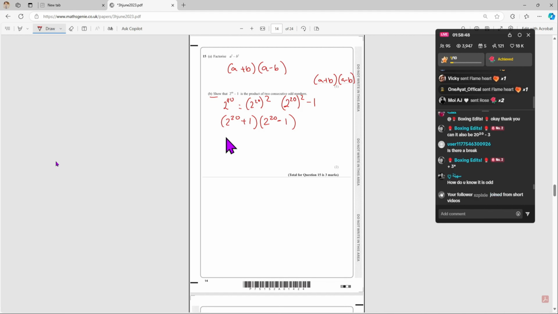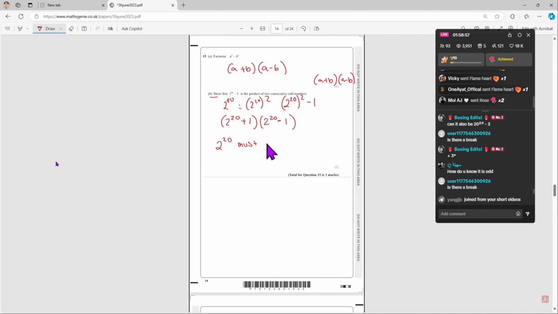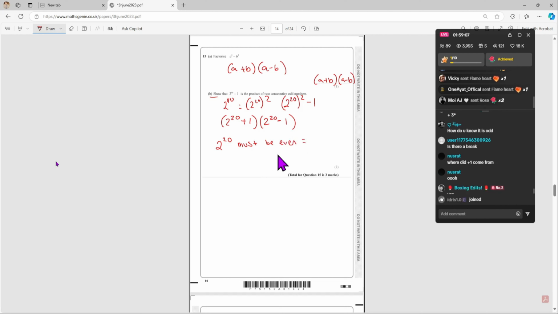We know that 2 to the power of 20 must be even, right? Because anything multiplied by 2 is even.